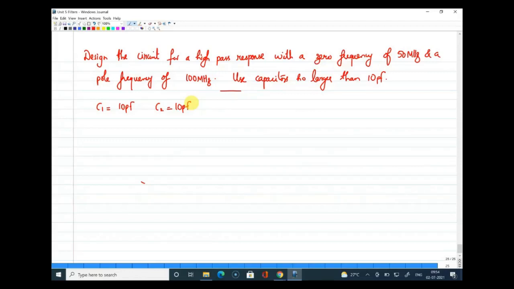You should take S as omega or j omega. Frequency, right? What is given is in hertz, so that is F. So F is equal to 1 by 2 pi RC. That way you should take.